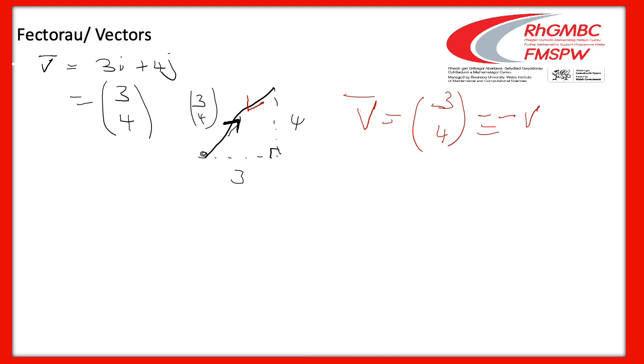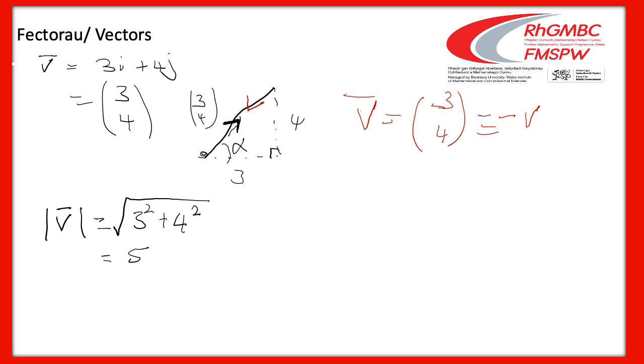The other thing we can do with vectors is we can find the length of the vector. Again, as soon as you saw me write the (3, 4), you'll realize that the length of that vector, and we use modulus notation for this, is simply going to be given by Pythagoras. So it's going to be the square root of 3 squared plus 4 squared. Of course, the square root of 3 squared plus 4 squared is 5. So that's the magnitude of the vector, or the length of the vector, or the modulus of the vector, and it will give me an angle, and it doesn't matter what symbol I use.